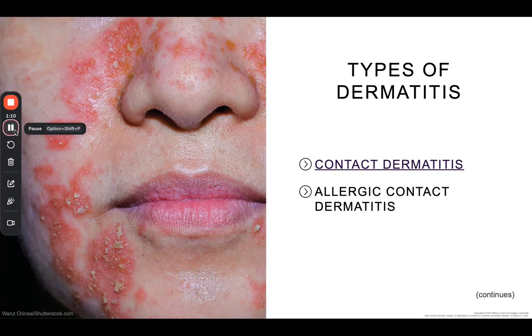Then there is such a thing as allergic contact dermatitis. That just means that you've come into contact with something that you are allergic to. Okay, so an allergic reaction occurs when our immune system mistakes a benign substance for something that's toxic and immediately goes into defense. That just means that you're allergic to it.